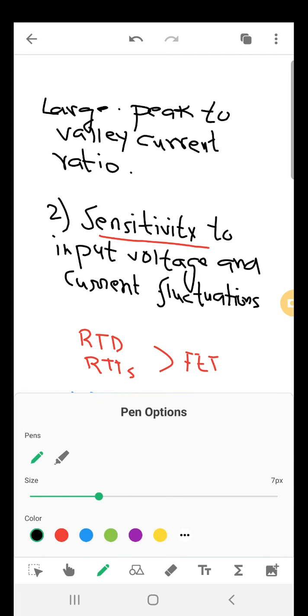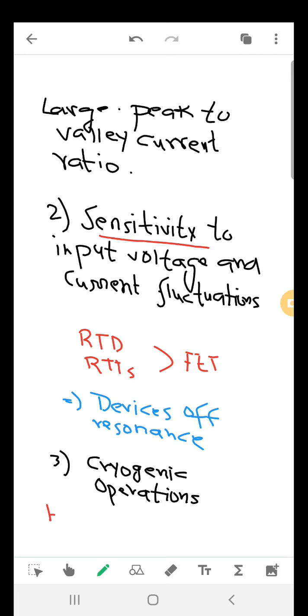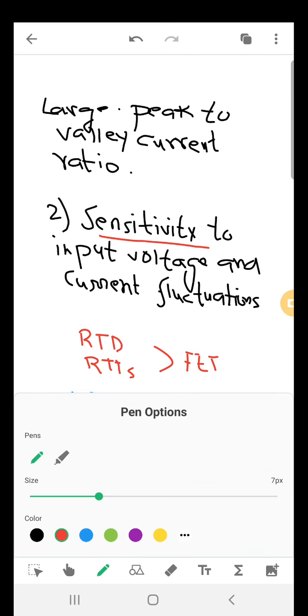So, hybrid RTD FETs have been made operating at room temperature.